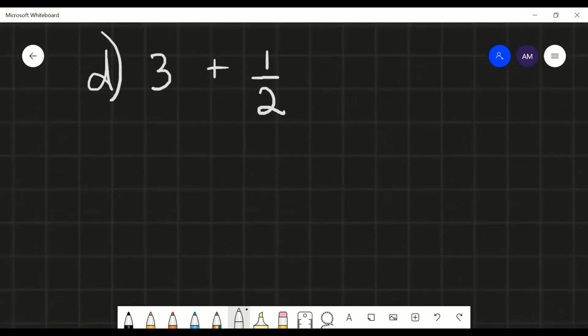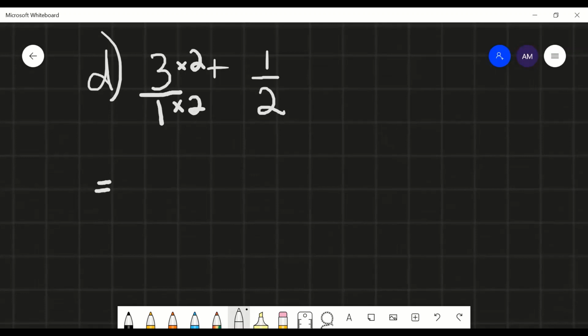This next one, we have a number that's not a fraction, but we can very quickly and easily turn it into one by putting it over 1. Now we want the two denominators to be the same. The easiest way would be to just multiply this by 2 and this by 2.